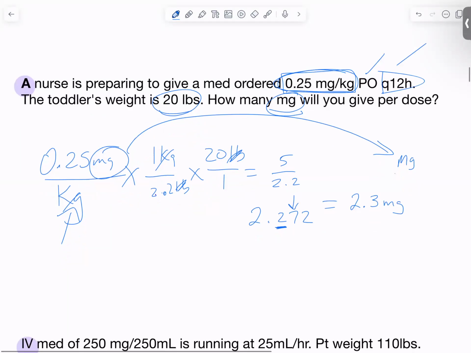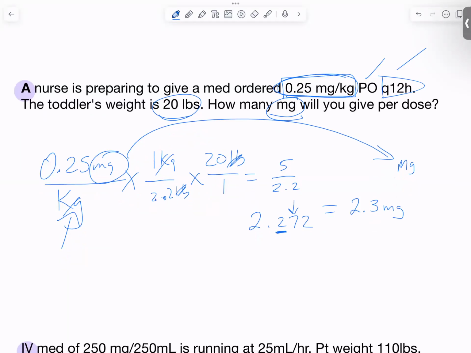Another way of thinking about this: if it says give 0.25 milligrams per kilogram, why don't you just solve what is 20 pounds in kilograms? If I have a baby that's 20 pounds and I want to know how many kilograms that is, I can say 1 kilogram is 2.2 pounds. And I cross off my pounds because I'm solving for kilograms. Now 20 times 1 is 20, and 2.2 times 1 is 2.2.